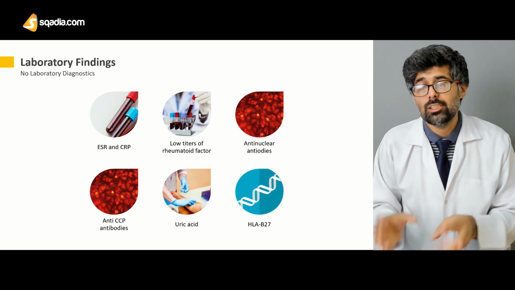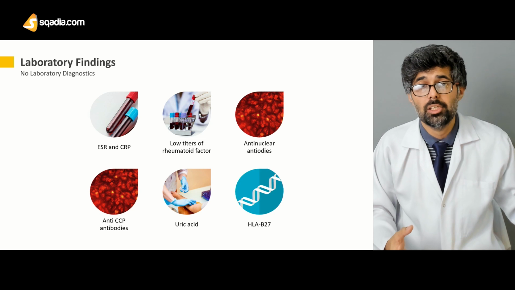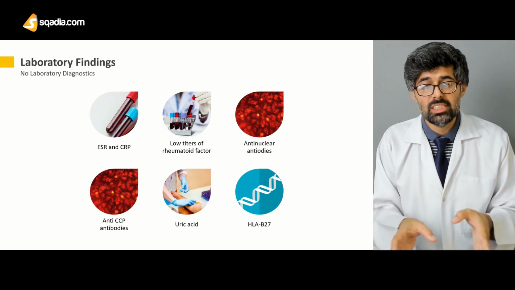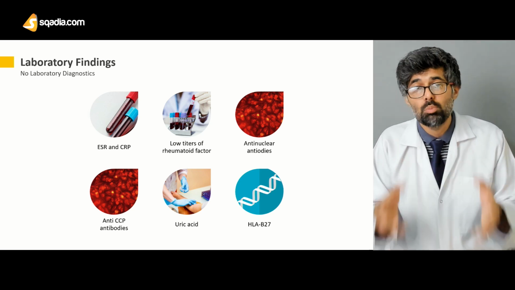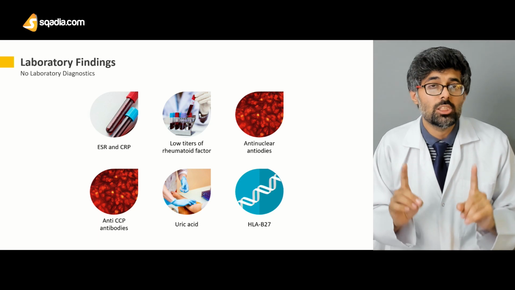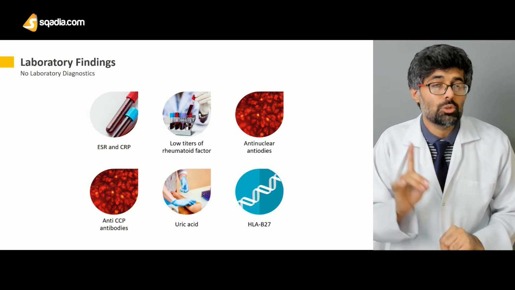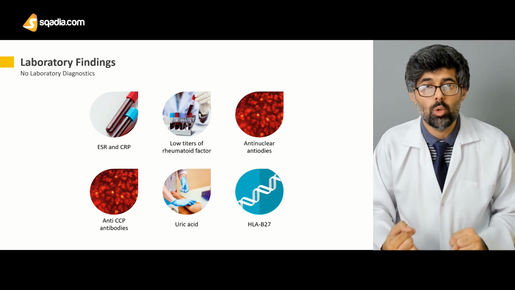So again, it is not present in as much amount as in the other spondyloarthritides, but it is still present. Now, because all of these tests are non-specific or are present in small amounts, there is not one specific test for psoriatic spondyloarthritis. So that's why it is more of a clinical diagnosis than a lab one.